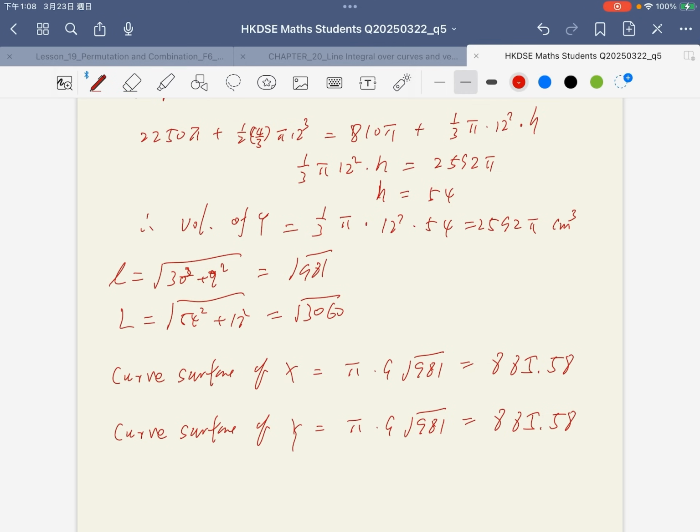The curved surface area of Y is equal to, this should be pi times 12 times square root of 3060. Oh, the radius also changed to 12. That is 2085.41.